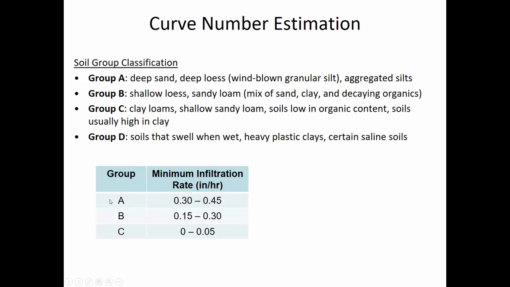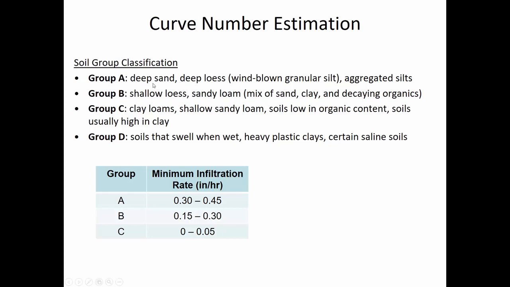So group A soils are defined as those that have a minimum infiltration rate between 0.3 and 0.45 inches per hour. Now their maximum infiltration rates can be considerably higher than that, but their minimum infiltration rate is after all of the voids have been filled, after that initial suction pressure has decreased, essentially how much the soil is just draining by gravity.